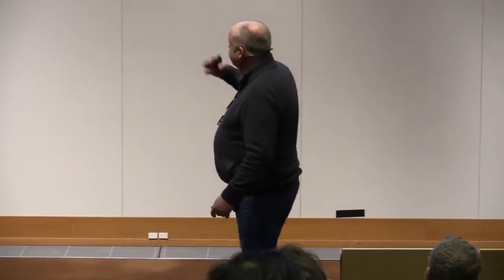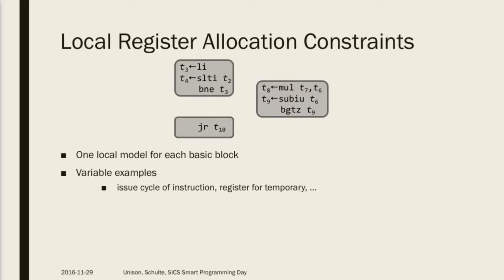Then the way we do register allocation is that we have a local model for each of the basic blocks. And there, the type of variables that you would see in the model are, for example, for each instruction, the issue cycle, so the clock cycle when the instruction is being issued.